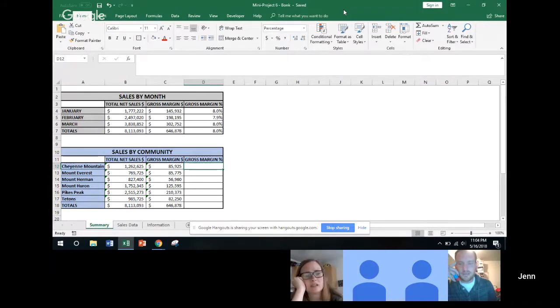Data validation. I did a data validation on the mini project 5. Mm-hmm. Yeah, that's what I did. I created a table and then I wrote in, what's the name, when you press Control Shift Enter, arrays. I did a whole bunch of arrays in there.